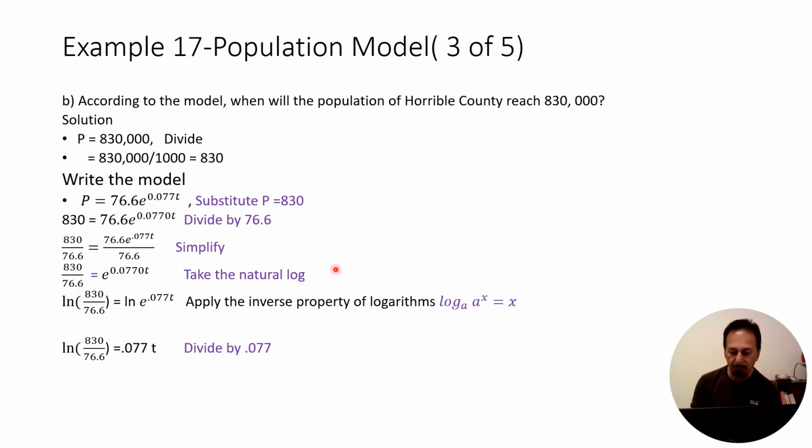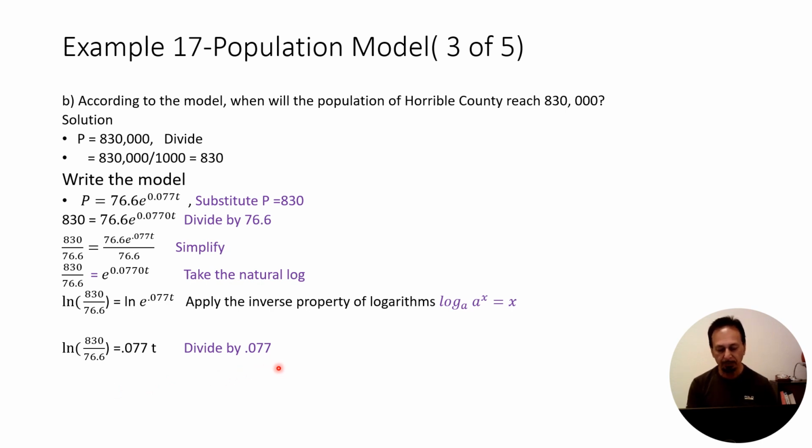We take the natural log of both sides, so natural log of 830 over 76.6 equals natural log of e to the 0.0770t. Natural log has a base of e and this exponential has a base of e. We can apply the inverse property of log base a of a to the x is x. So this cancels out, giving you 0.077t.